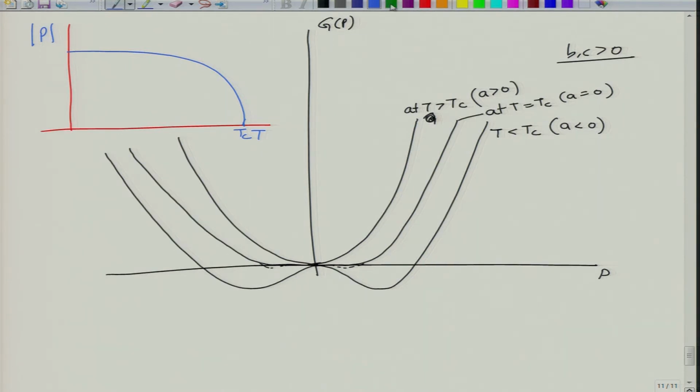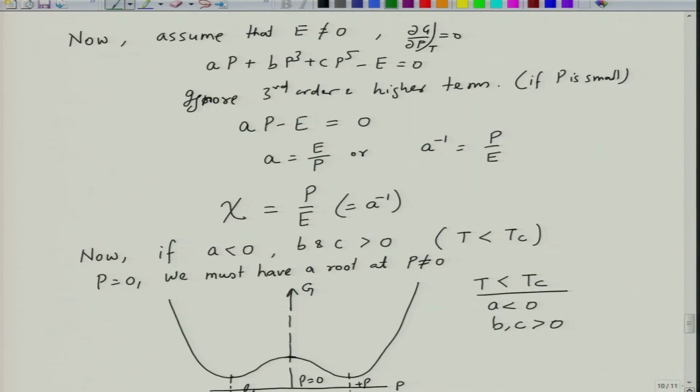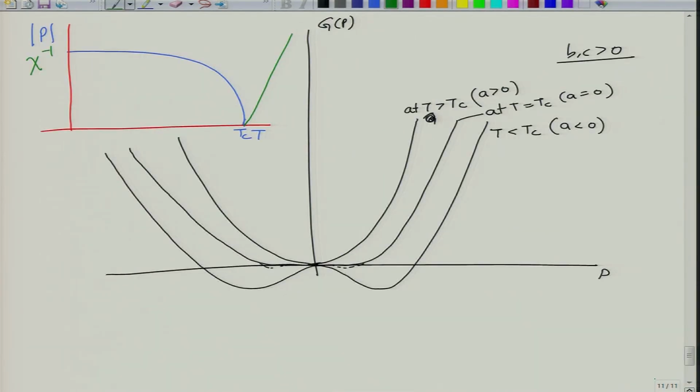And you can also plot another parameter, that is susceptibility. So, susceptibility we saw that it varies as, if you look at this expression, P over E, right. But in the previous analysis we will do a temperature dependent analysis and we will see that 1 over chi varies in this fashion.